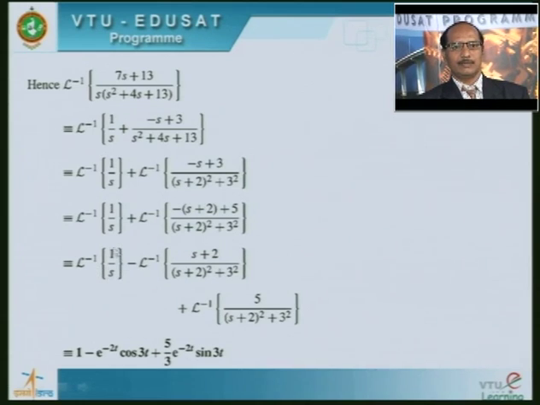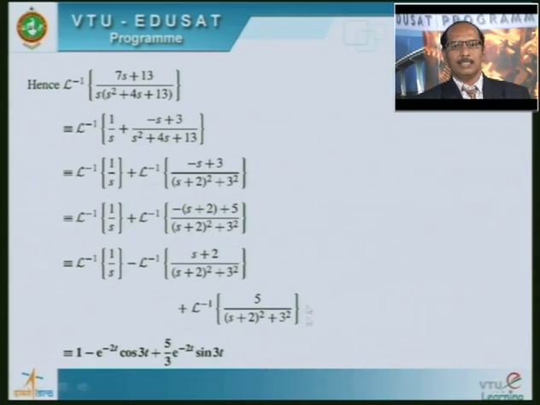So, the inverse: finally, 1 upon s gives 1. The rest is by the shifting theorem. By the first shifting theorem, one can write, compare with e raised to at into cos bt. So, a is minus 2 here. What is the Laplace transform of e raised to at into cos bt? It is (s minus a) divided by (s minus a) whole square plus b square. So, a is minus 2, b is 3. So, e raised to minus 2t into cos 3t is the inverse of this term.